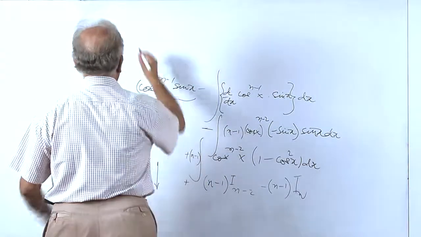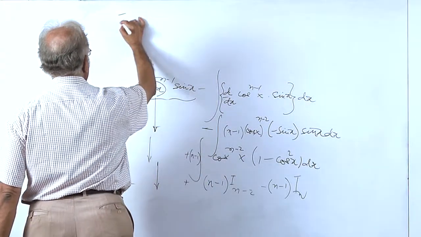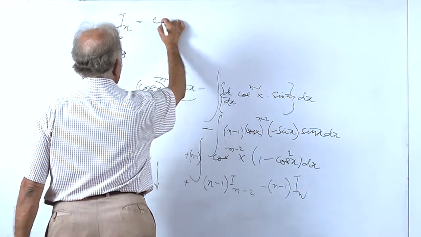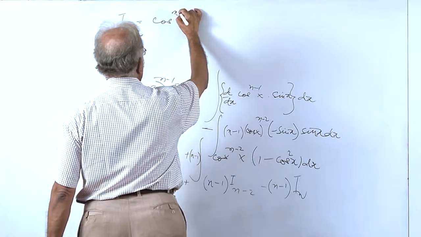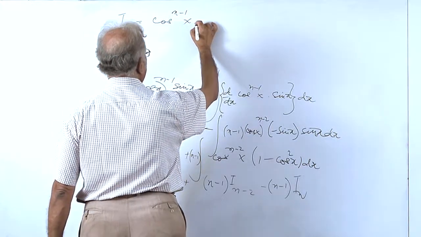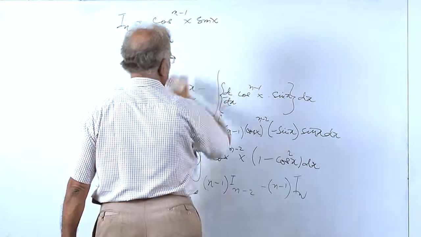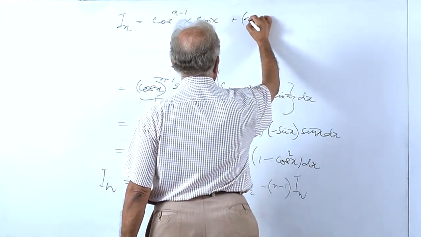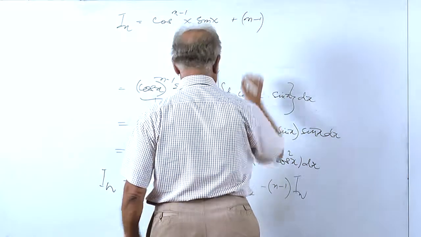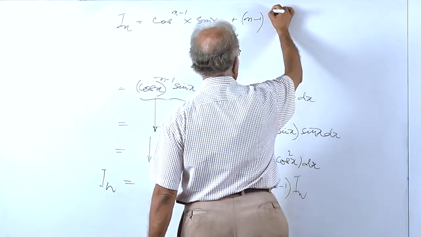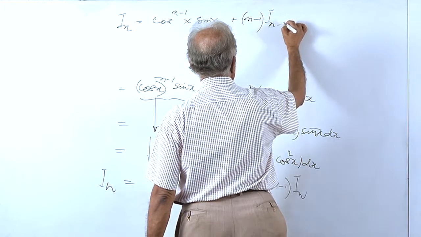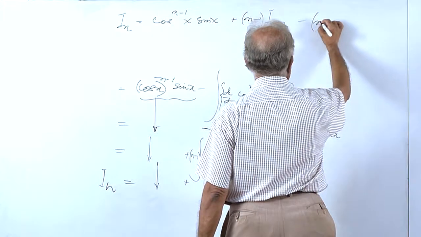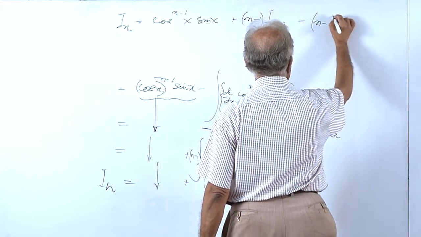So we now have I sub n is equal to cos x to the power of n minus 1 sin x plus n minus 1 I sub n minus 2 minus n minus 1 I sub n.